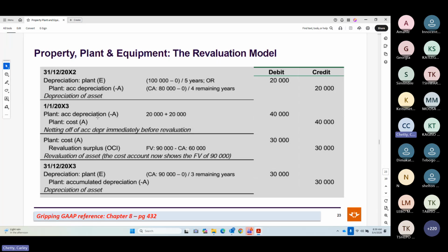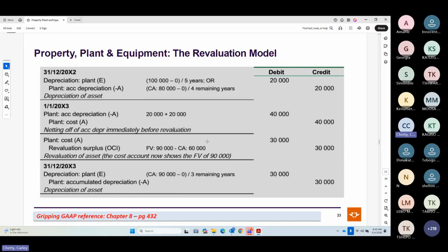Then once we've done the set off, we can calculate our revaluation surplus. Remember, when we did the steps, we compared the fair value given of 90,000 to the carrying amount we determined of 60,000. And we saw that we needed to increase our carrying amount from 60,000 to our fair value of 90,000.